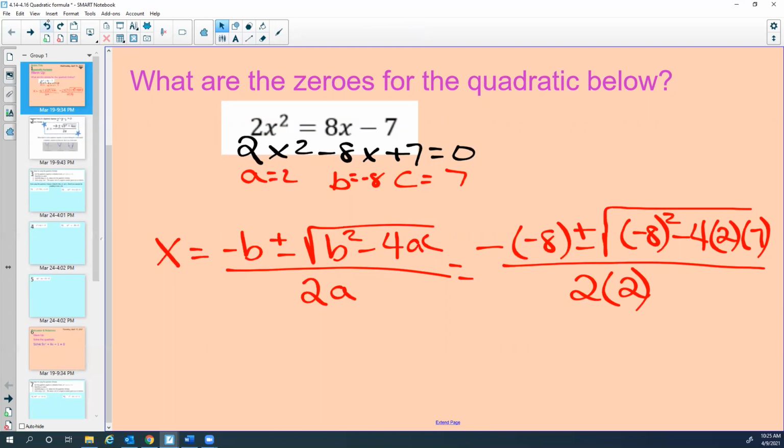Now from there, I would start with what's in my square root, trying to find out what that is equal to.